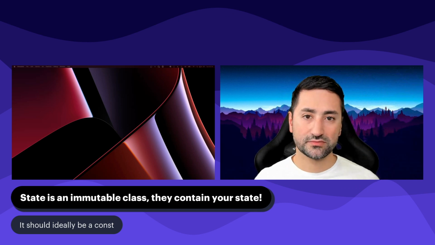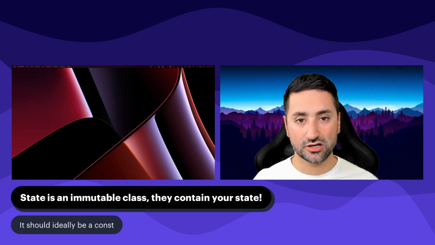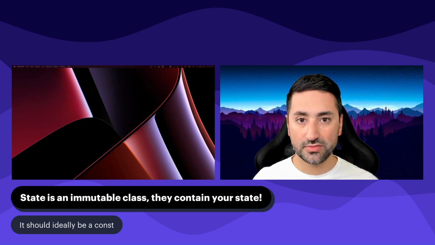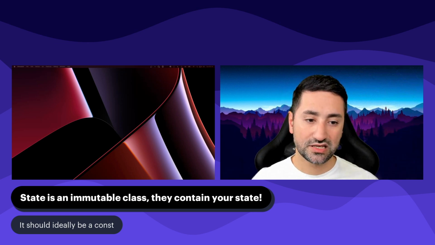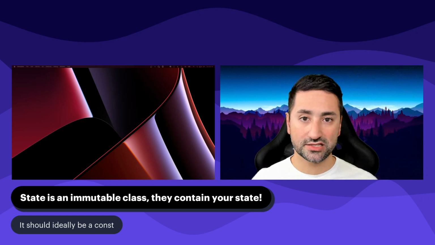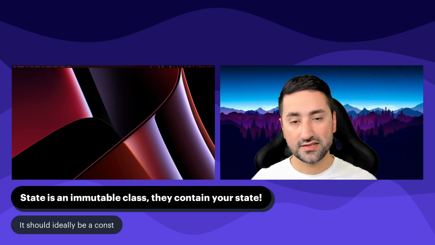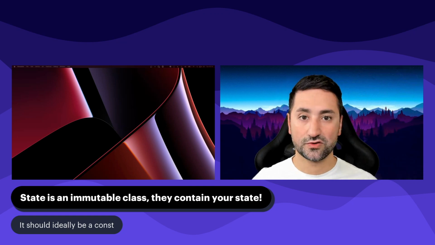When it comes to the state, it should and will be an immutable class in Dart. The way that it is defined and the way it is thought about is that state shouldn't be mutated as your application progresses. Instead, your state has to be produced anew, like there need to be new instances of your state based on the various actions that the user performs.